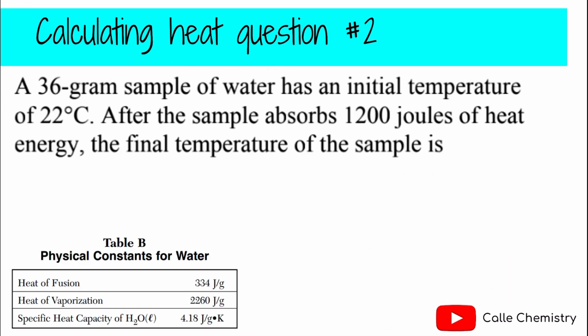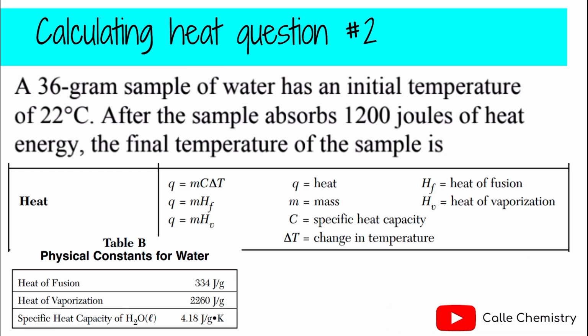Let's go to question number 2. It says a 36-gram sample of water has an initial temperature of 22 degrees Celsius. After the sample absorbs 1,200 joules of heat, the final temperature of the sample is... All right. Once again, we need to determine which of these equations we are going to use.